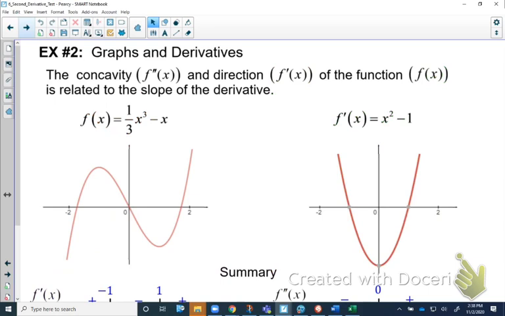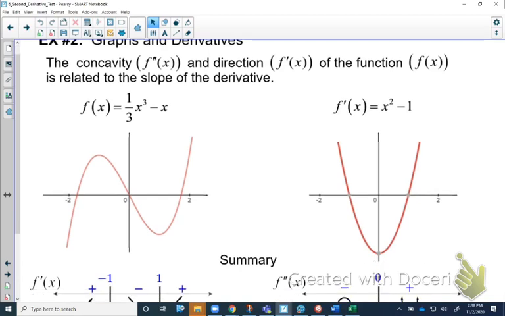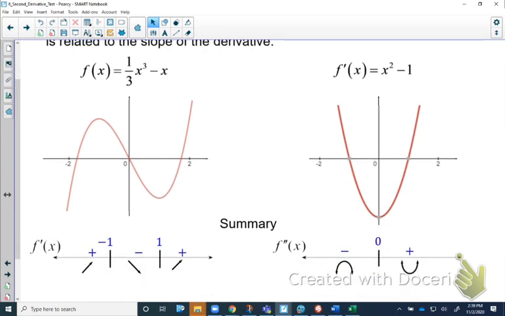Here, what we're looking at on this page is essentially the two graphs that we would have gotten for the primary function and the derivative. We see the 1/3 x to the third power minus x function is that third degree polynomial, and that very much matches what the candidates test of the first derivative told us.